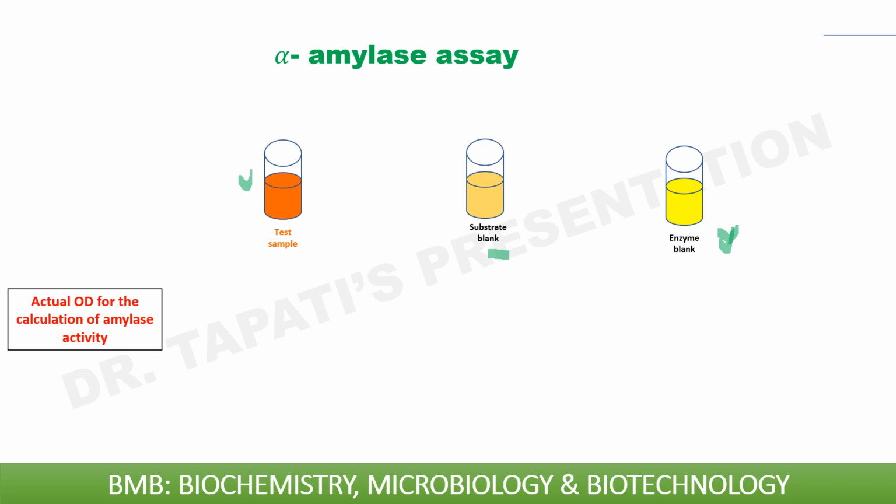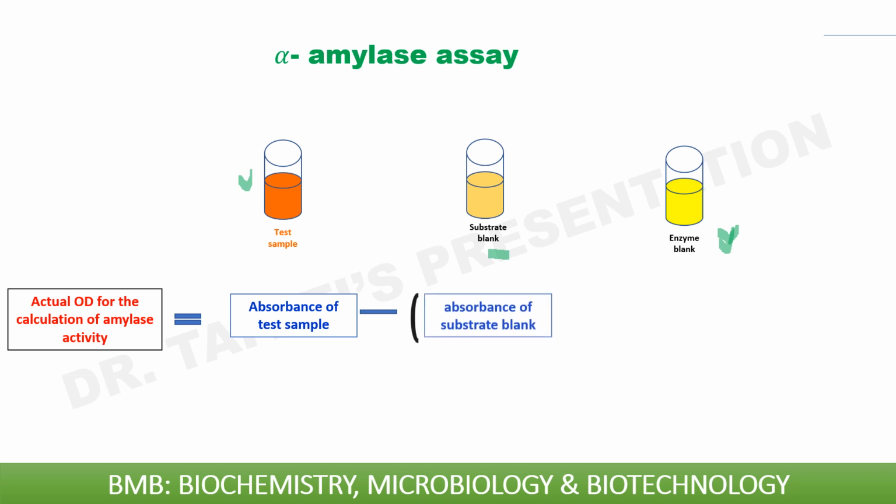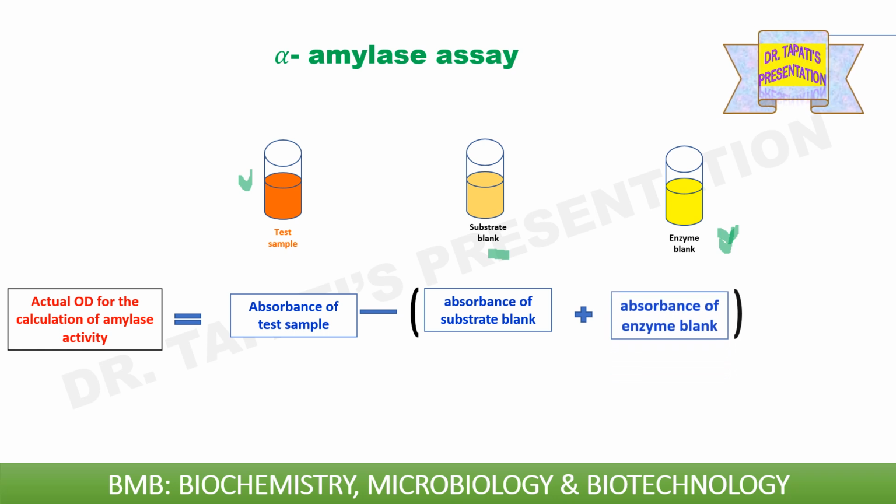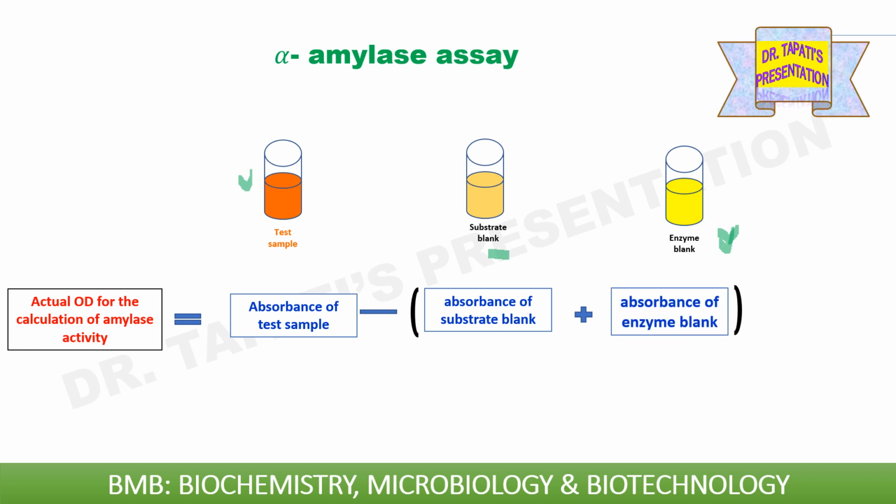In that case, we will find the actual absorbance for the calculation of α-Amylase activity by subtracting the absorbance of the substrate blank plus the absorbance of the enzyme blank from the absorbance of the test sample. So this value is required for the calculation of α-Amylase activity.